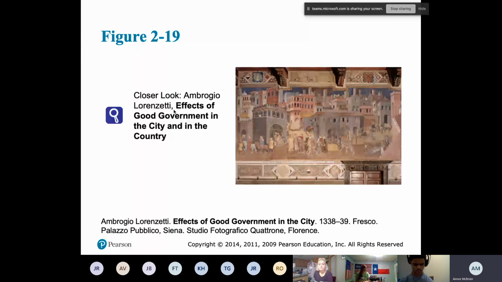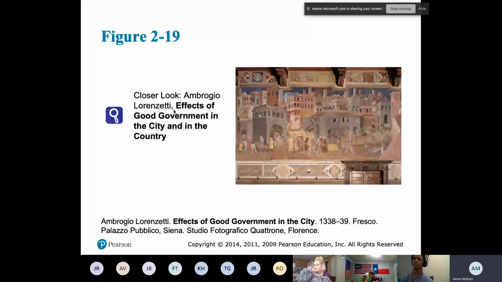These frescoes were done in basically the city hall, the building of governance in that particular Italian city, where all of the laws and rules were made.